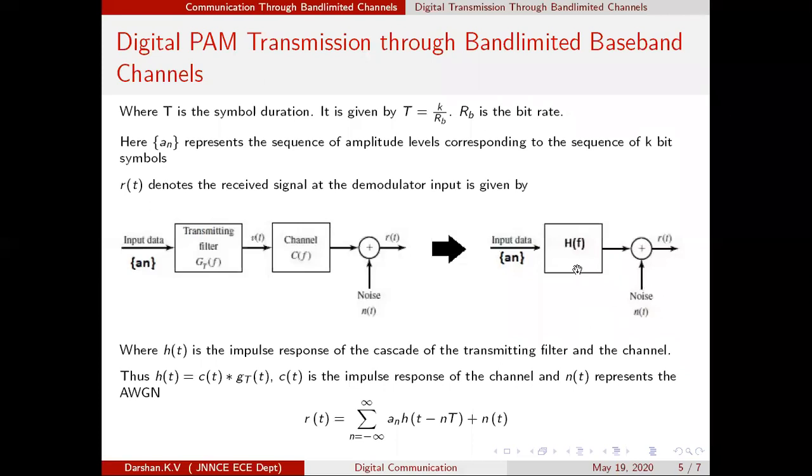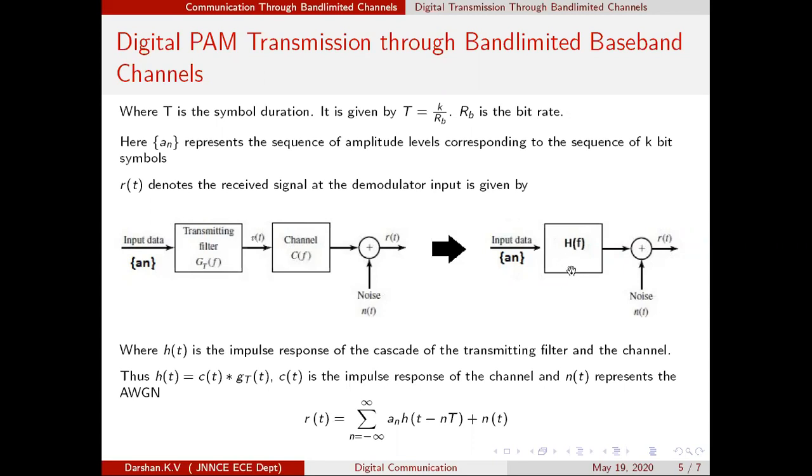Now, as per your signals and systems concepts, two blocks are given with impulse responses or frequency responses. Then what is the frequency response of the combined block?